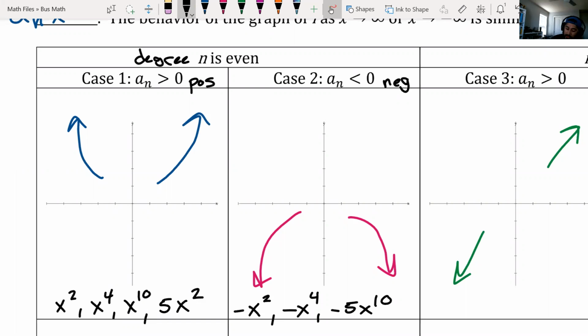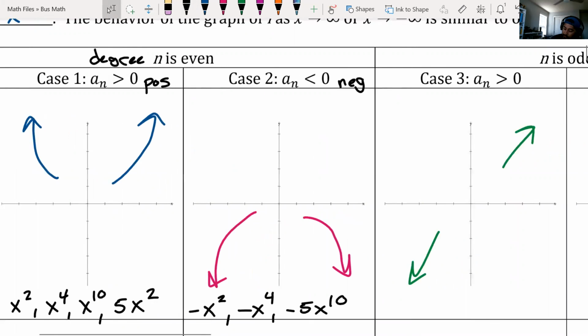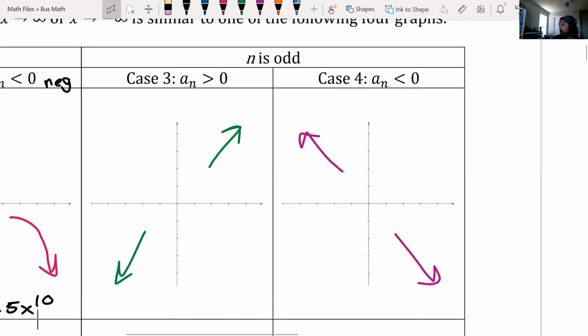Which means that case 3 and case 4 are going to be for odd degree polynomials. So here I'll say our degree n is odd. Case 3 says if we have an odd degree, but a positive leading coefficient.